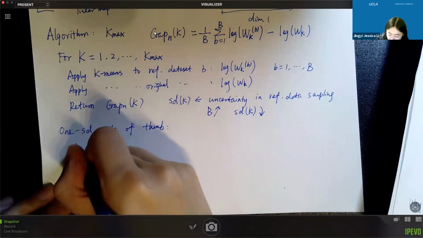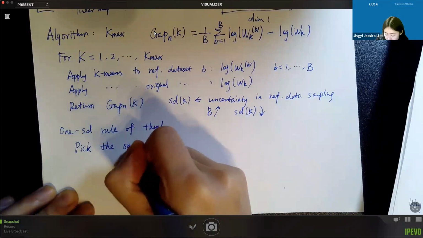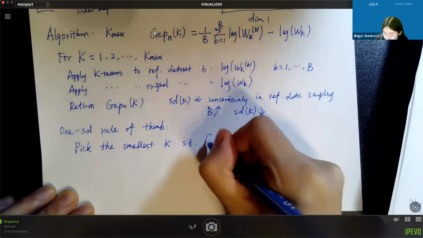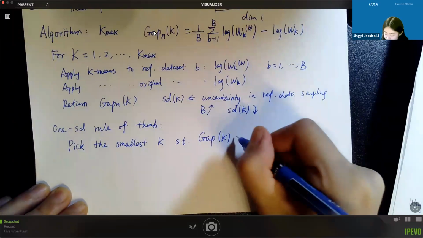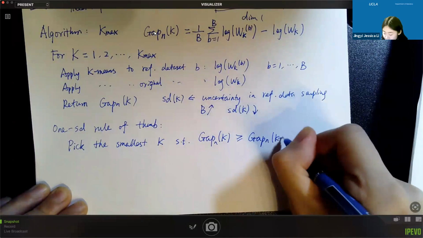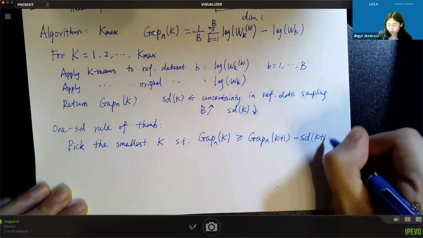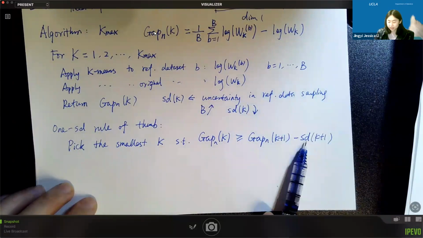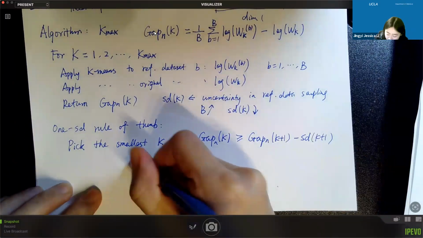So that is to pick the smallest k such that gap at k is greater than or equal to gap at k plus 1 minus SD k plus 1. For each gap statistic, we carry its error bar. Let me give you a graph.